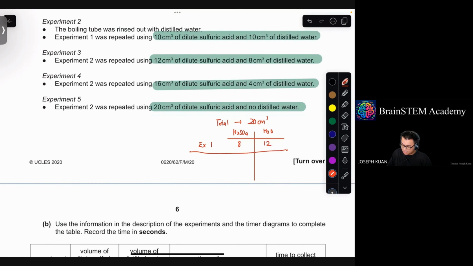Experiment 2 has 10 and 10. Experiment 3 has 12 and 8. Experiment 4 has 16 and 4. And experiment 5 has 20 and no distilled water.